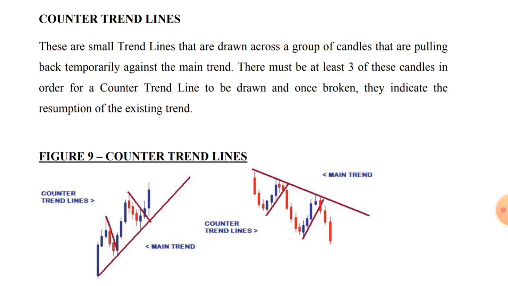Now, from the theory of counter trend lines from the trading manual, you'll basically see me describe these counter trend lines as temporary pullbacks, or lines that we can draw below these temporary pullback candles.